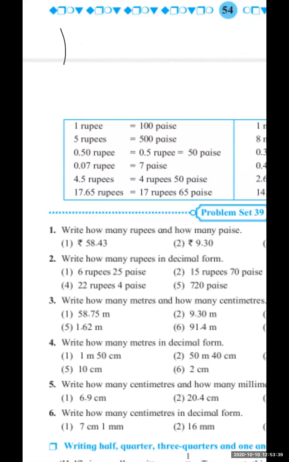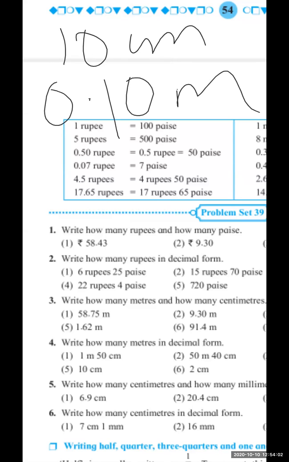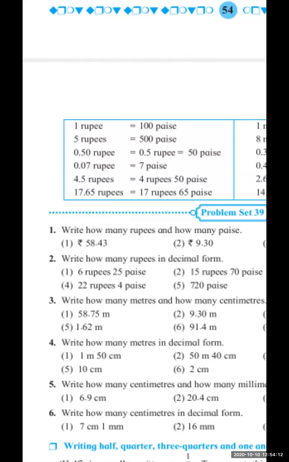Now 10 सेंटीमीटर. 10 सेंटीमीटर कैसे आएगा? टेल मी. वेरी गुड अर्चना, वेरी गुड. 0.10 meter. 10 centimeter means what? 0.10 meter. Very good student, very good. So I hope everyone understood this very well.